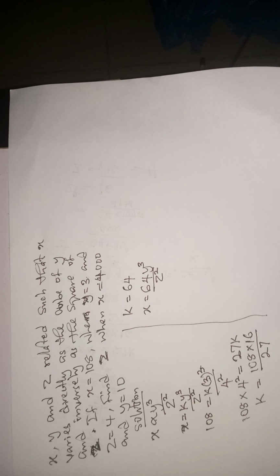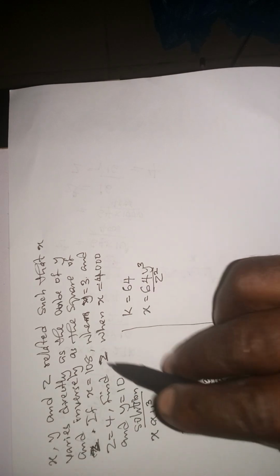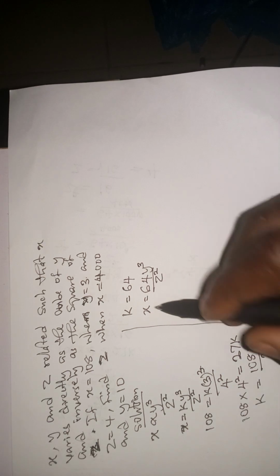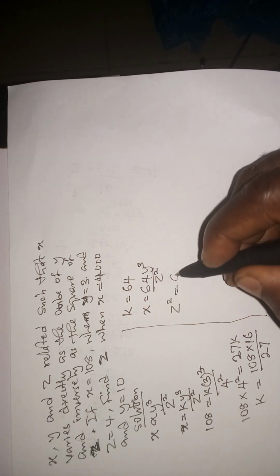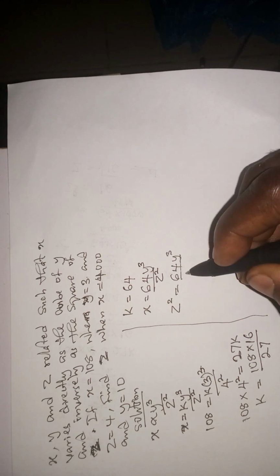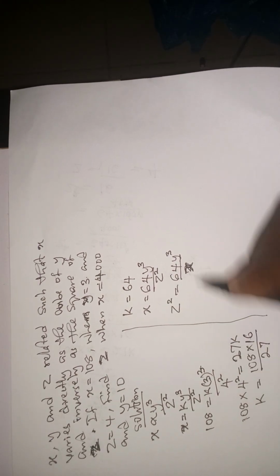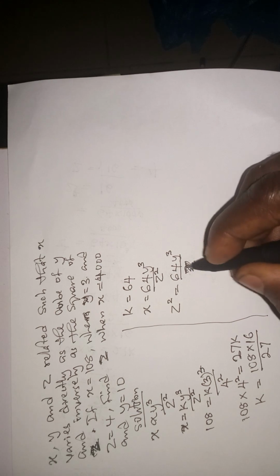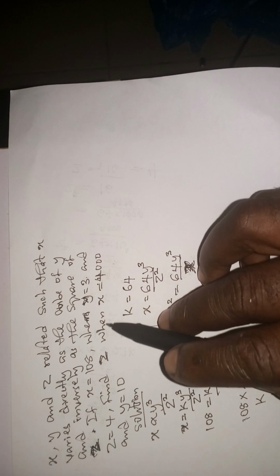Now we solve the problem. We are told to find Z. So in finding Z, we do a change of subject formula again, and that gives us Z square equals 64Y cube divided by X. Because they told us that X is equal to 4,000, we replace it here.